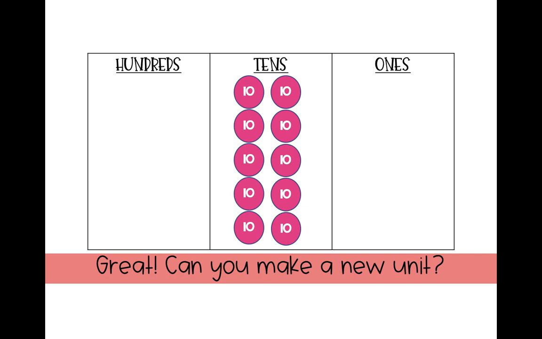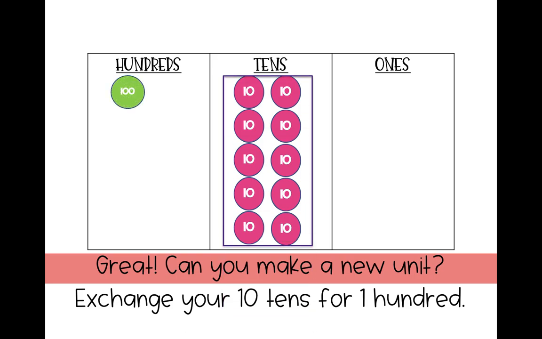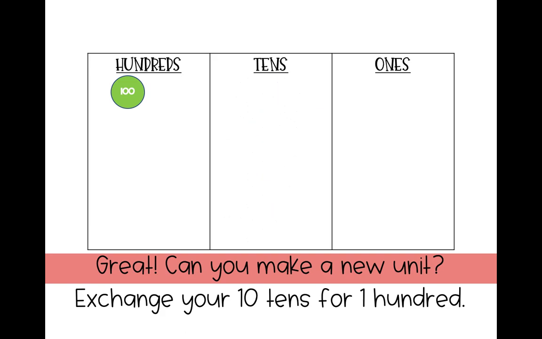Very good. 10 tens equals 100. So let's exchange our 10 tens for 100. To do that, we'll put a box around our 10 tens, draw our new 100, and cross out those 10 tens to remind ourselves we no longer have 10 tens. We exchanged them for 100.